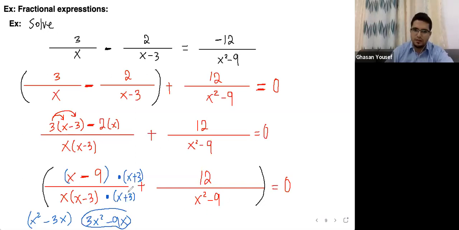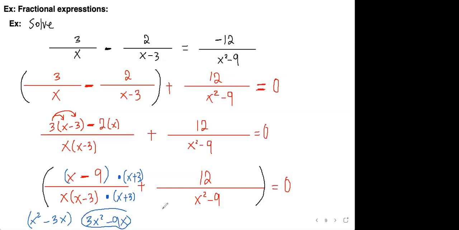I want to make the denominators equal. But isn't this going to make x to the 3rd power, because x times x is x squared, and then you're multiplying x plus 3 again with the x squared?